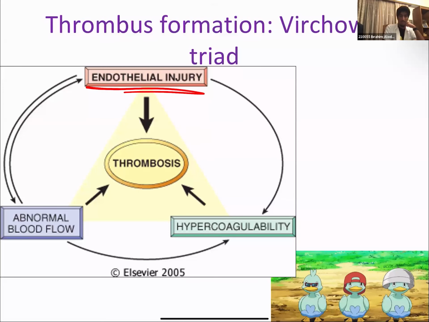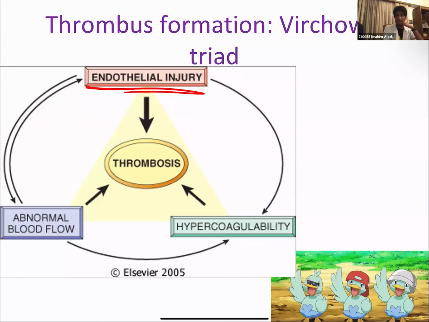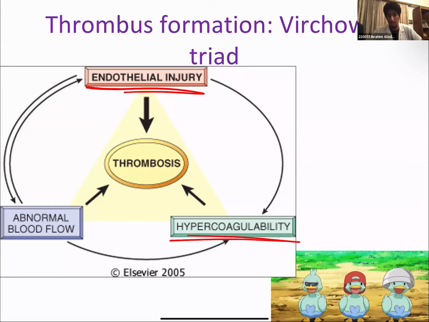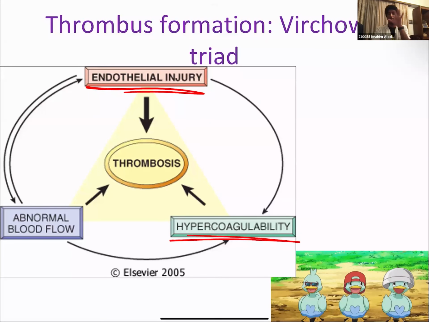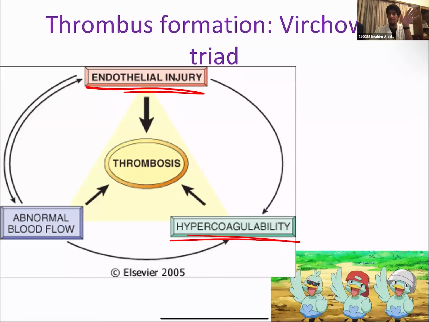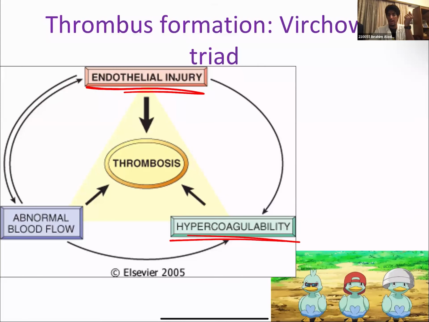So if you have endothelial injury, which is any injury to the vessels, or if you're in a hypercoagulable state. What does a hypercoagulable state mean? It means the patient has a change in the constituents in their blood that makes clots form faster.